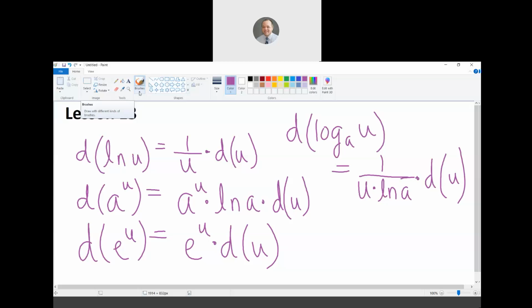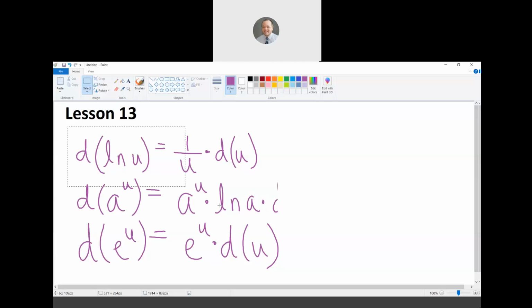You will also need to use some of the basic algebraic rules for logs and natural logs. Let's start with this example.